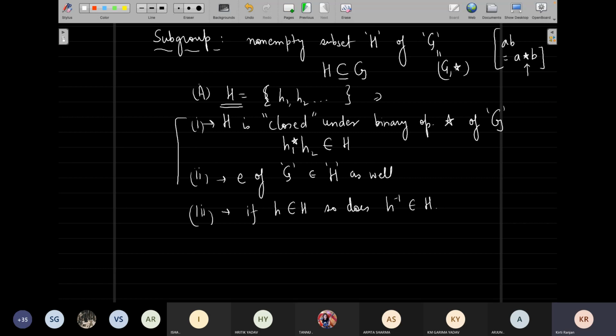So if these 3 properties are met, then this non-empty subset H is called the subgroup of the group G. And it is a subgroup in all senses. That means the binary operation is inherited from the group. You cannot decide to have a new binary operation and call it a subgroup. The binary operation will be inherited from that. So questions here.